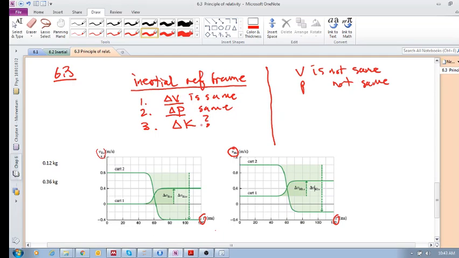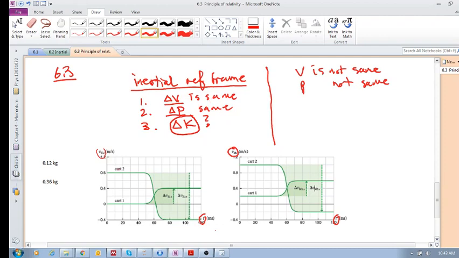Now in this video, we want to ask, what about delta K? What about the change in kinetic energy? Is that the same in an inertial reference frame? What do you think? Why are delta V and delta P the same?